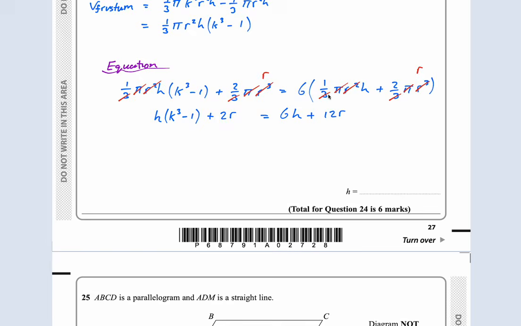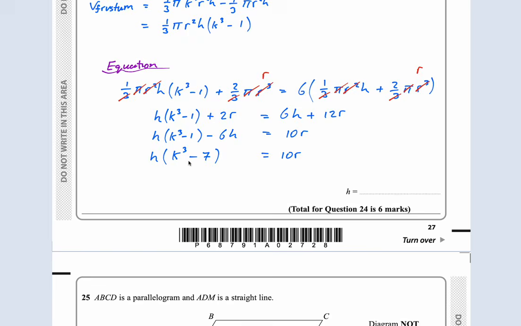I'm going to get my h's to the left. So I have h k cubed minus 1 minus 6h equals 12r minus 2r, which is 10r. Then I'm going to factorize my h, and I'm left with k cubed minus 1 minus 6, which is k cubed minus 7, equals 10r.